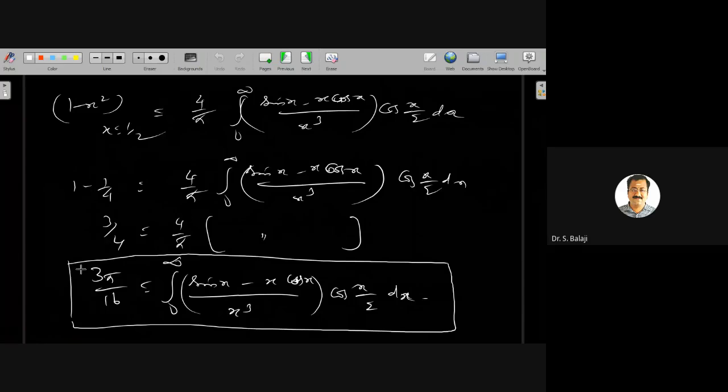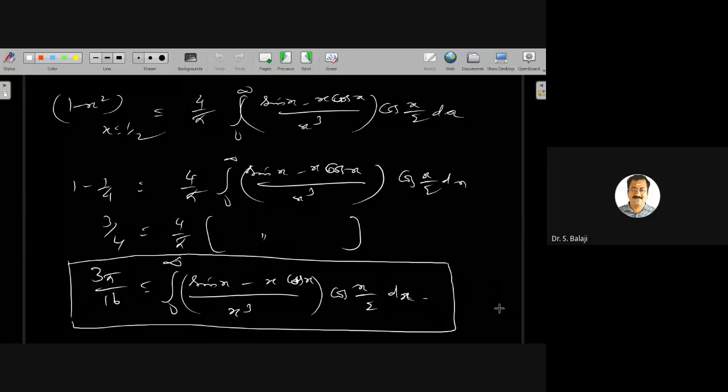Then you cross multiply: left side 3 pi by 16, right side same integral 0 to infinity of sin x minus x cos x by x cube, cos x by 2 dx.